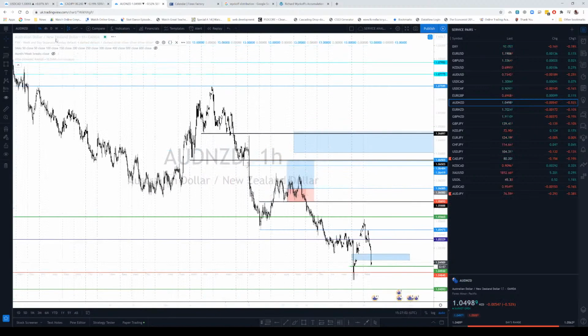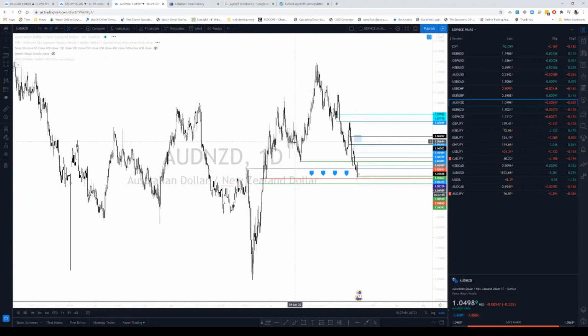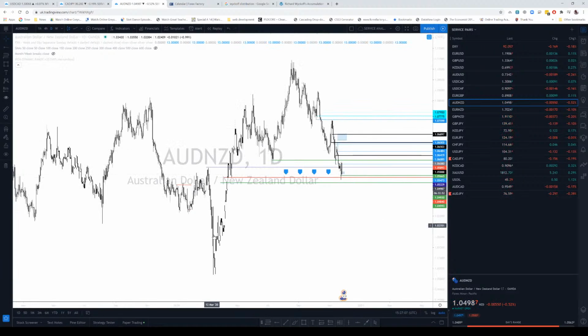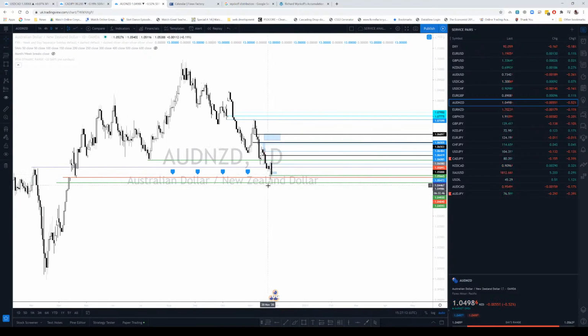So we are currently, okay, this down move is a monthly bullish order block, and that's where we are now. So for them to reverse price, it has to reaccumulate.